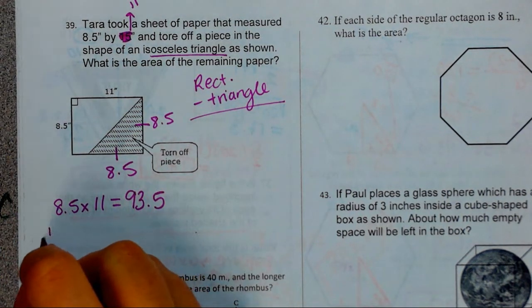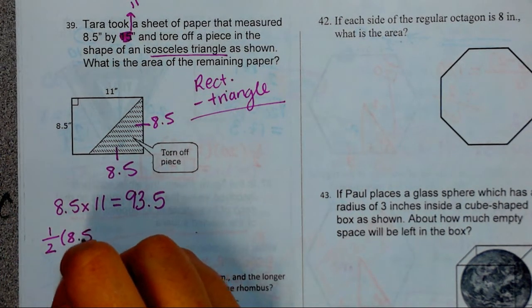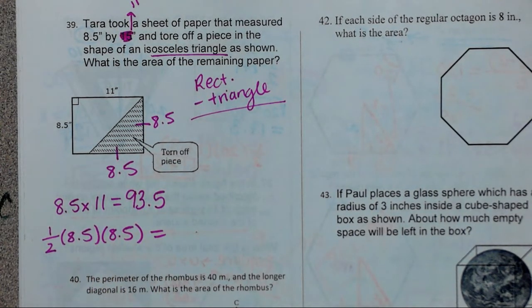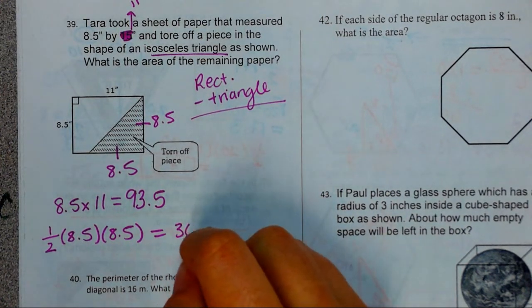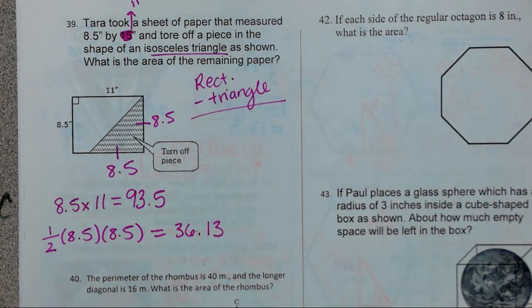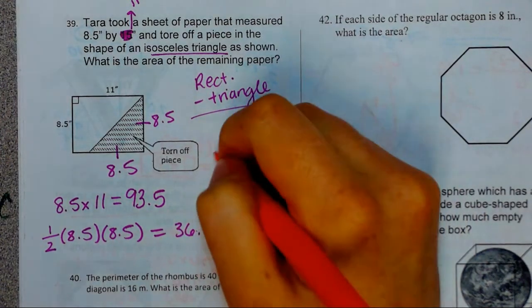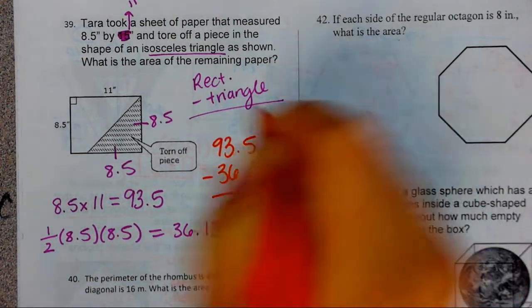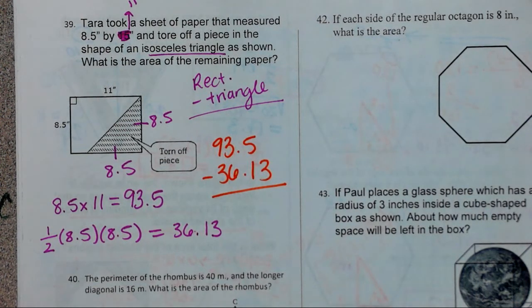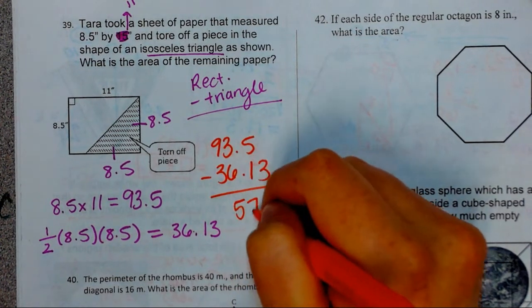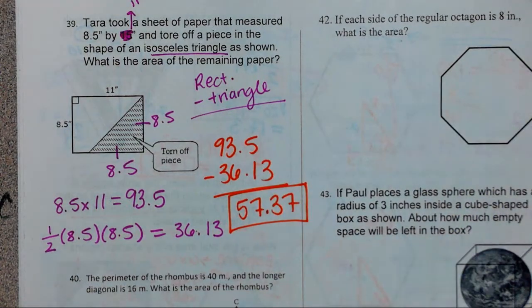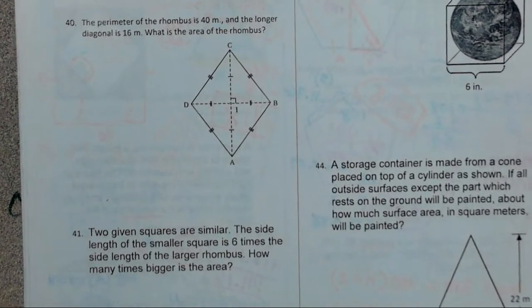And then for the triangle, 1/2 base times height, 0.5 times 8.5 times 8.5 would give us 36.13. All right, and then we just subtract 93.5 minus 36.13, and that's equal to 57.37. Okay.